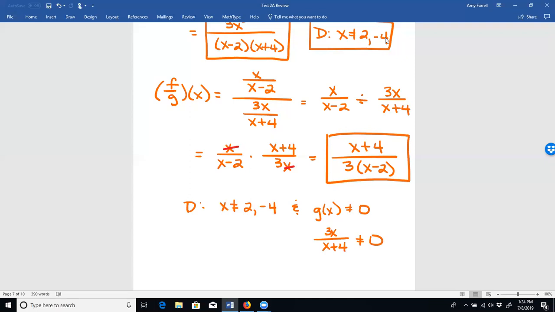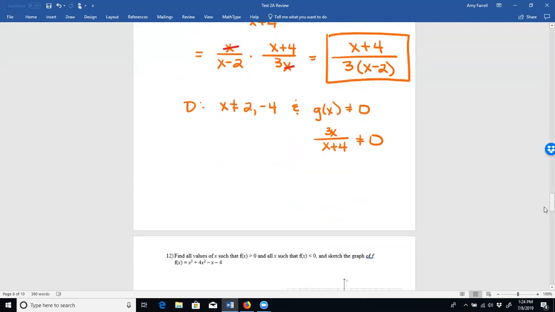So for this, if I need to solve this equation here, I could multiply both sides by x plus 4, and that would cancel my fraction. So we have 3x cannot be 0. 0 times anything is still 0.